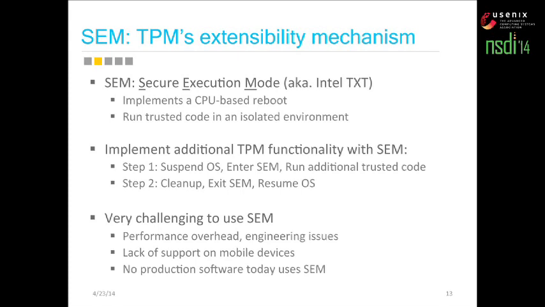This poses engineering issues for the code developer. In fact, today, there are no ARM processors supporting this secure execution mode, which prevents mobile devices from using this code from the beginning. Finally, as a proof of these challenges, today, there is no software production code using secure execution mode in this way.